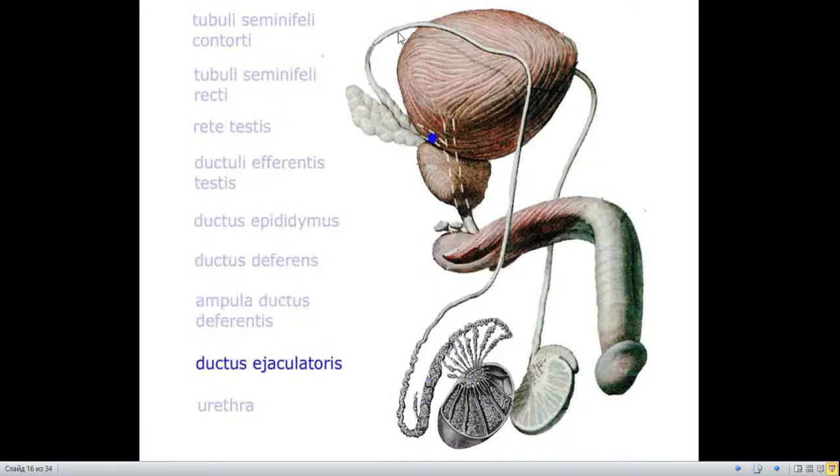Then ductus deferens, its terminal dilated part ampulla, joins excretory duct of seminal vesicles to form ejaculatory duct, and ejaculatory duct opens to prostatic urethra. Male urethra, especially prostatic part.